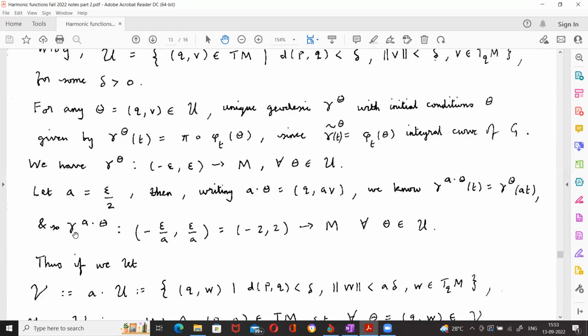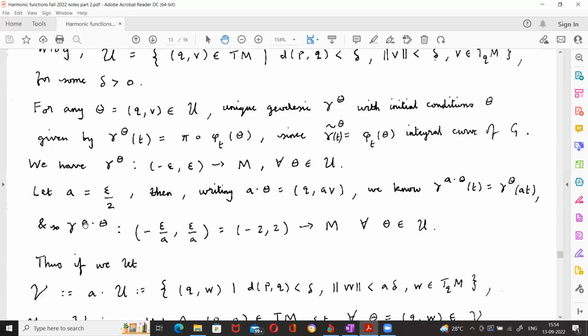So that means that gamma of a dot theta is defined on the interval minus epsilon over a to epsilon over a. That's the interval minus 2 to 2, right? So geodesics with initial condition a dot theta.